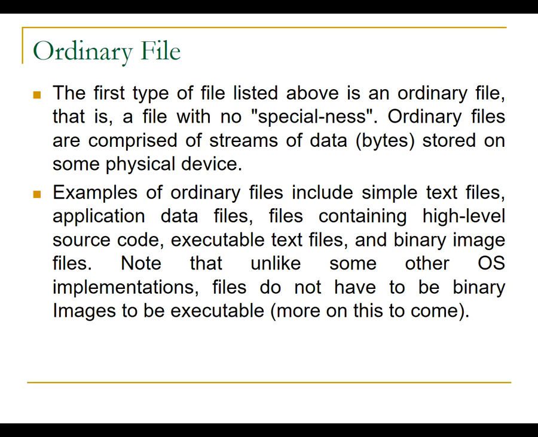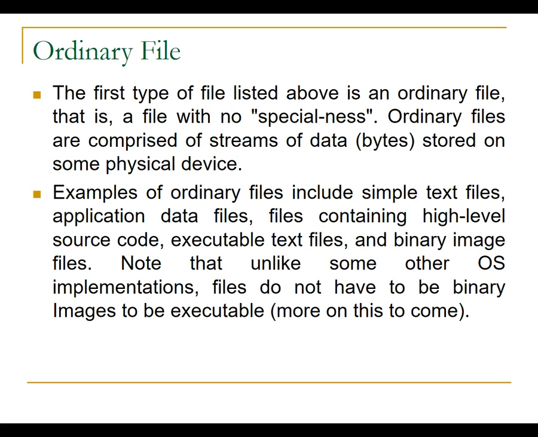So let's say first, what is an ordinary file? This is actually the first type of file which contains special necessities. Ordinary files are comprised of a stream of data which is stored on some physical devices.